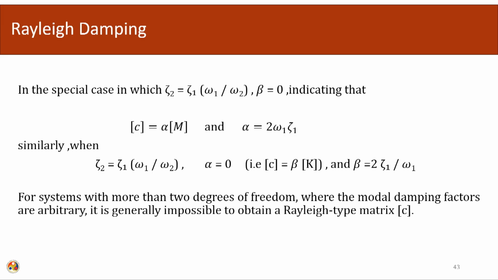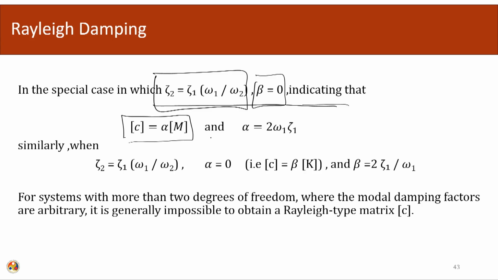In the special case where zeta 2 and zeta 1 have this relationship, beta equals 0, which indicates that C is proportional to the mass matrix, and this is the value of the coefficient alpha.